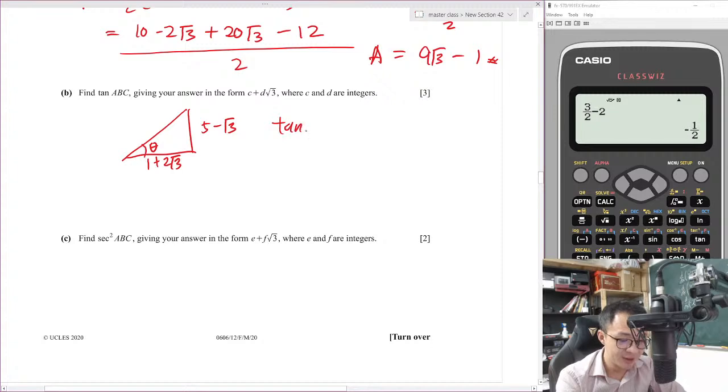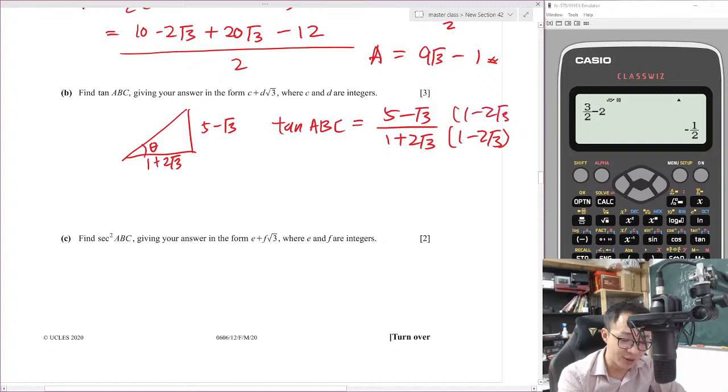Therefore, tangent ABC equals 5 minus root 3 over 1 plus 2 root 3. Rationalize by multiplying by 1 minus 2 root 3. The denominator is 1 minus, this number squared is 4 times 3 is 12.